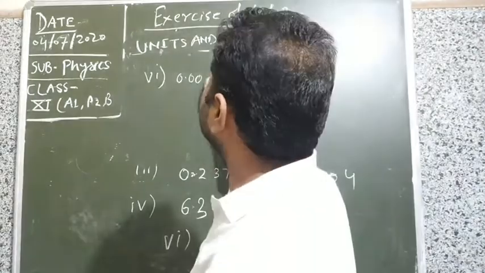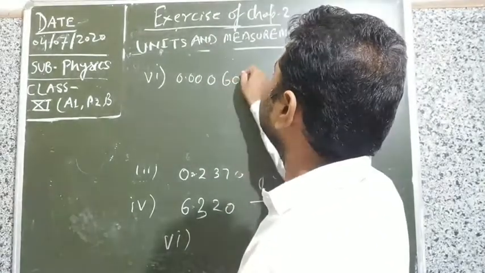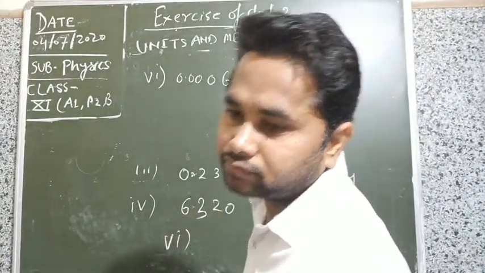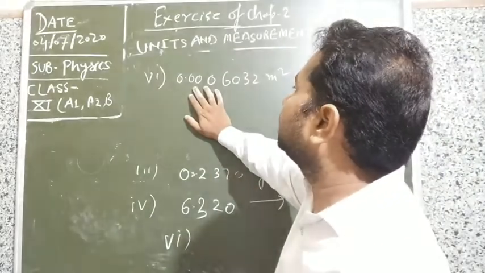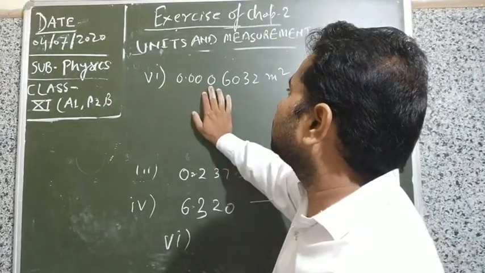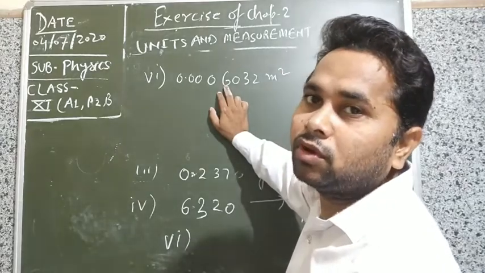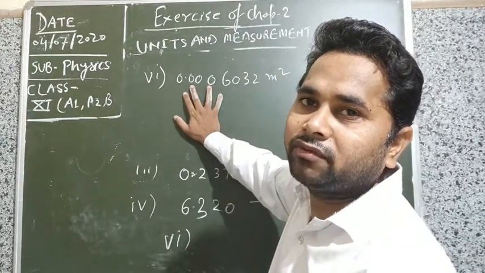0.0006032 meters square. So see here, we have discussed the rule that zeros between the decimal point and a non-zero digit are not counted as significant figures.